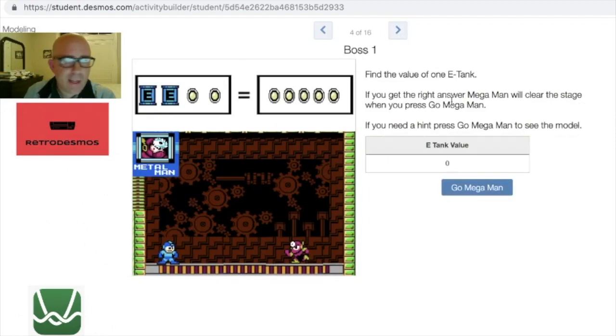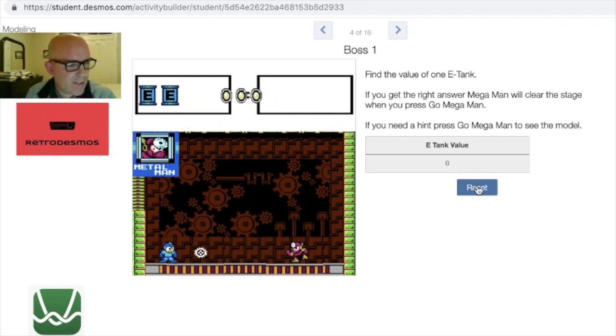And so now we enter our first boss encounter, and usually I think this is the only one that I actually still model the equation for them, as far as the boss battles. But here we've got a little bit trickier situation. So we added some more values over here. We added an extra one over here. And I think if I push Go Mega Man, we can see the model going on.